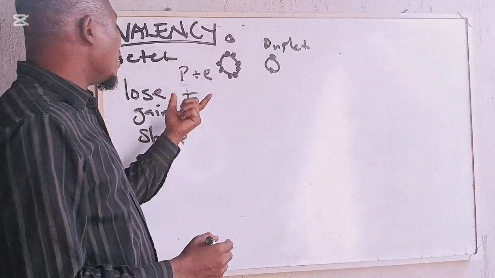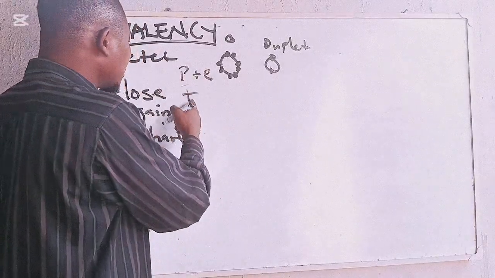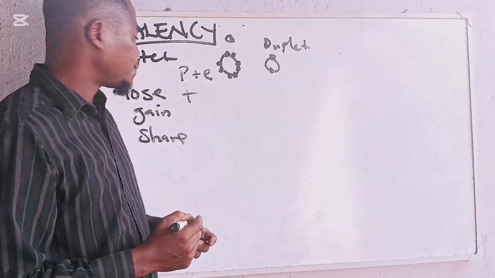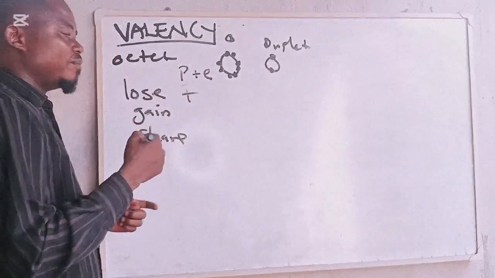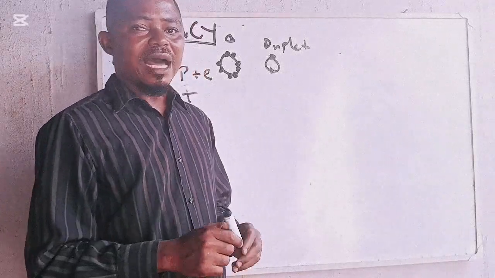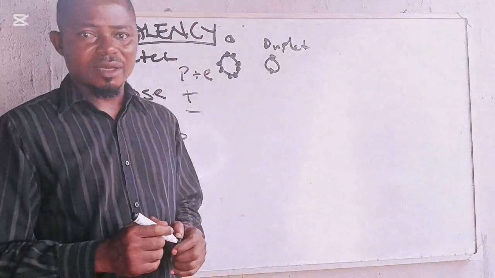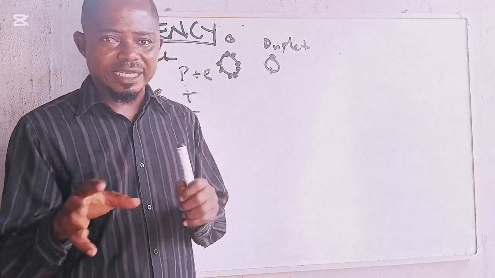That's why in a system whereby majorly metals lose electrons, you see a positive sign in front of the oxidation number. When you gain electron, it means the number of electrons you have now will be in excess of the protons. And electrons are negatively charged, so we always give a minus sign to your oxidation number. Are you following now? So you should understand where these signs are coming from.